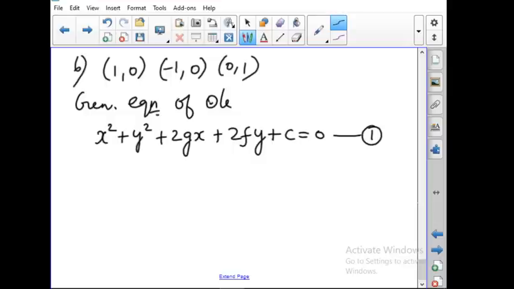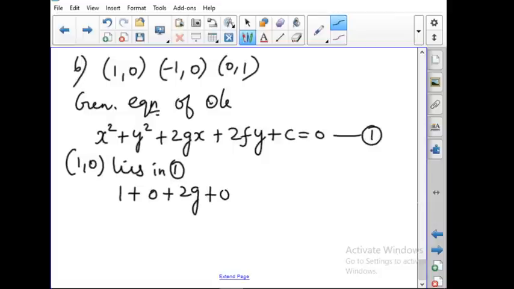So let us substitute the first point, (1, 0) lies on the circle. When you substitute (1, 0), this will become 1 plus 0 plus 2g plus 0 plus c is equal to 0. So what is the equation we are getting now? 2g plus c is equal to minus 1. Take this equation as 2.